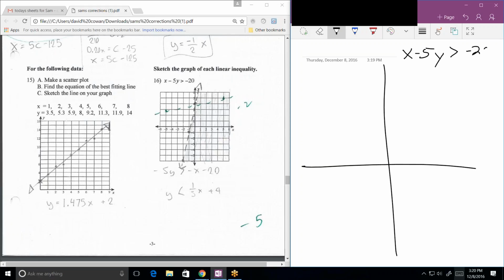Okay, so let's first of all turn that into an equality, graph it. Well, no, let's solve it for y first. Solve this thing for y. Because if we're going to graph it in y equals mx plus b format, then we need to have it in terms of y. So solve this for y.